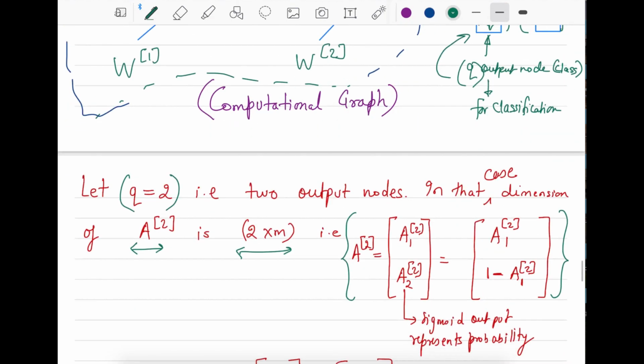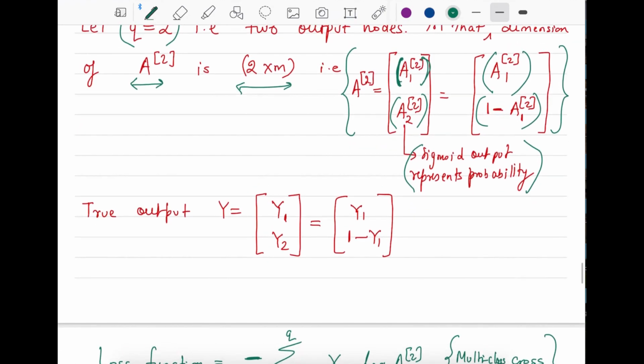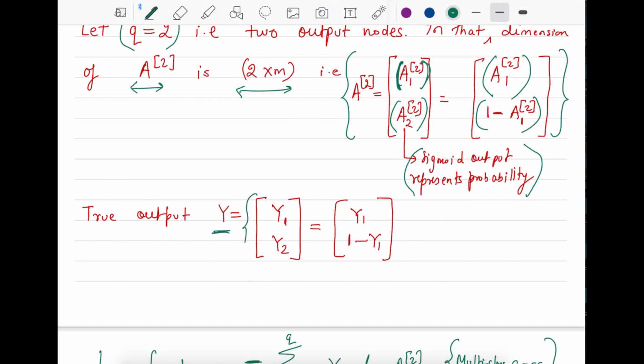So all these variables generated by the output layer are representing probabilities. What we can do is, at least for two variables, write a12, and another one will have 1 minus a12. The same for the y's.